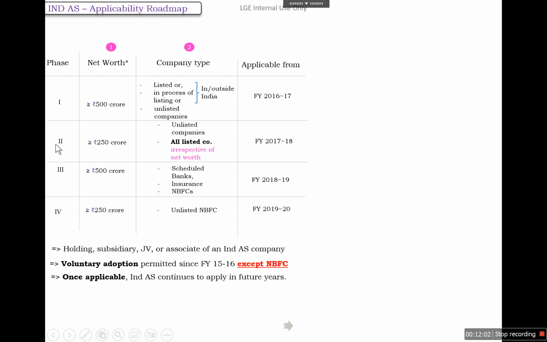For example, if there is an unlisted company having a net worth of more than 250 crores, and in the next year the net worth has come down to 100 crores, it cannot stop making financial statements according to Ind AS.